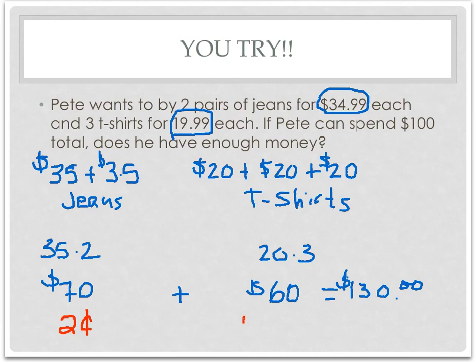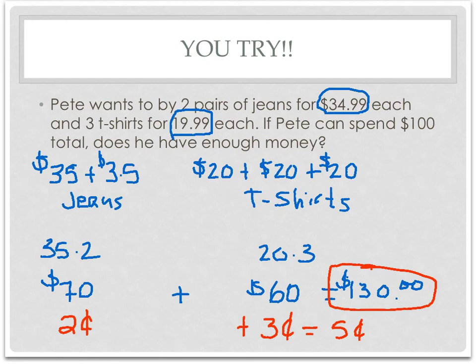So on the t-shirts, I'm over by 3 cents. So I only overestimated by 5 cents in the whole total bill. So my estimated answer of 130 is very, very close to what the actual price is. So 5 cents less than 130, I'm still at $129.95. So seeing that, I know now that I am over the $100.